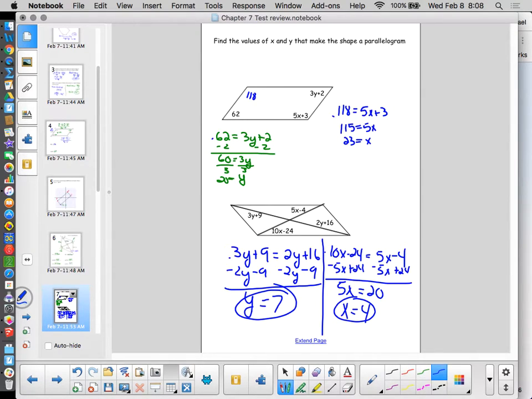Because if you make a mistake in the algebra part of the way through, you're going to at least get partial credit for setting up the equation correctly. Algebra mistakes are going to happen. We try to avoid them, but they're going to happen. But if you show me you understood the underlying concept by setting up the equation correctly, then we get the points.